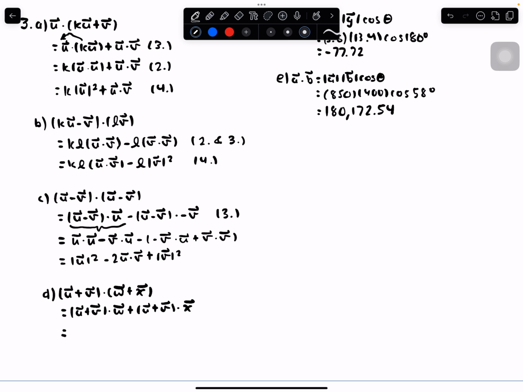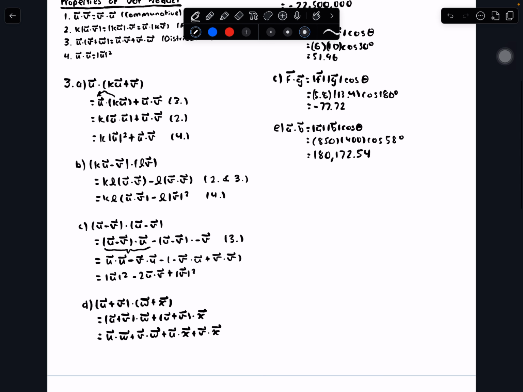Then we have u dot w plus v dot w plus u dot x plus v dot x. Yep, makes sense.